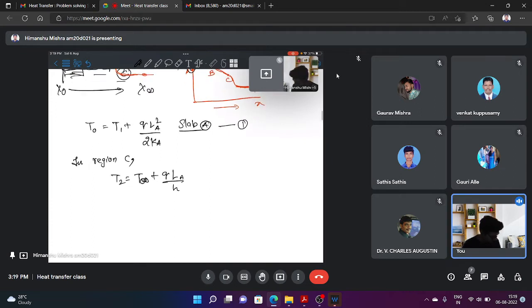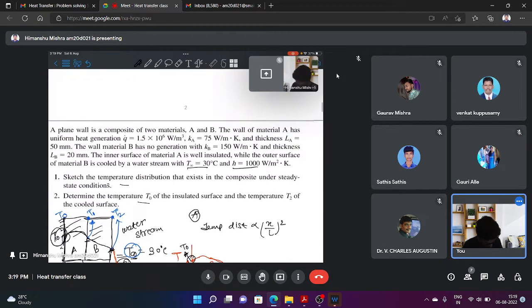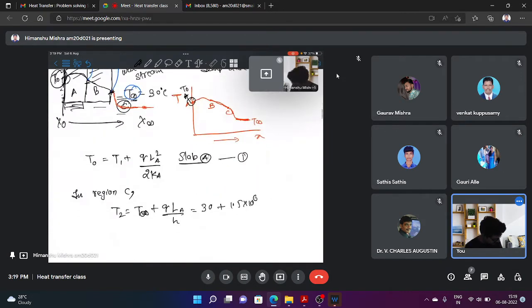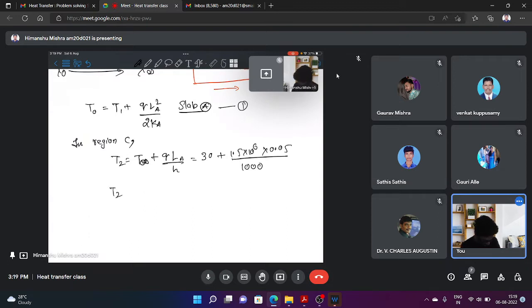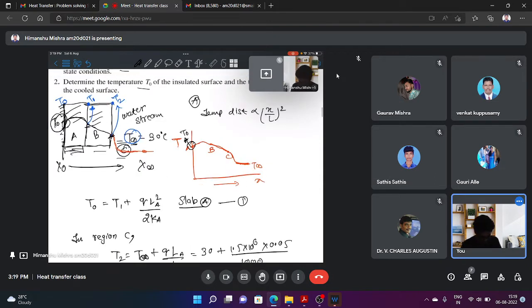So we can find the temperature T2 from this equation. When I solve this equation, I will get my temperature T2 as 105 degrees Celsius. I know T infinity. Now I will find T1.